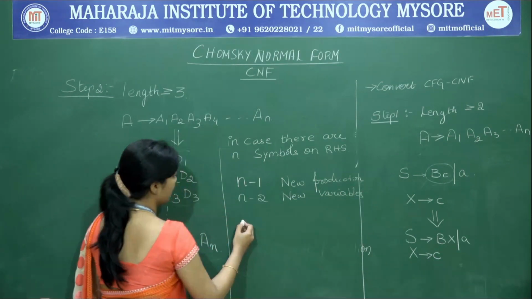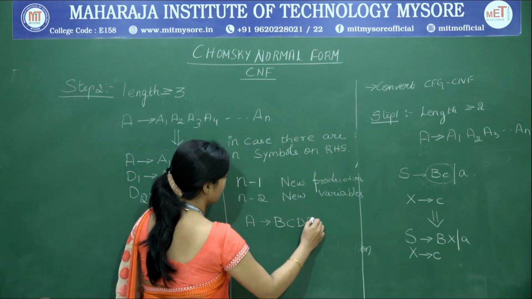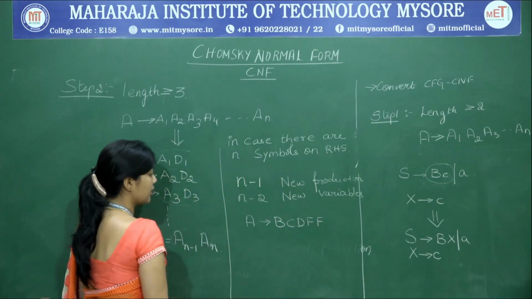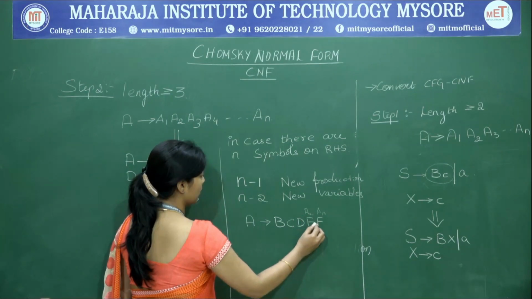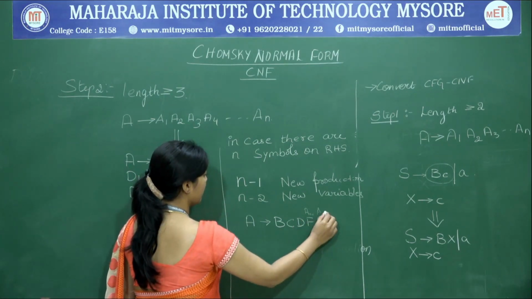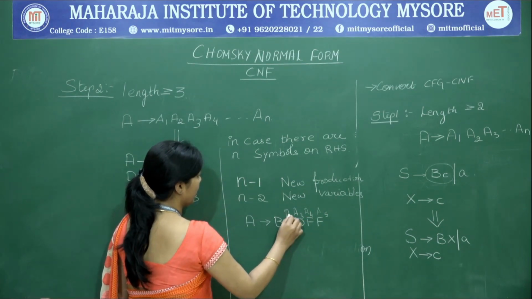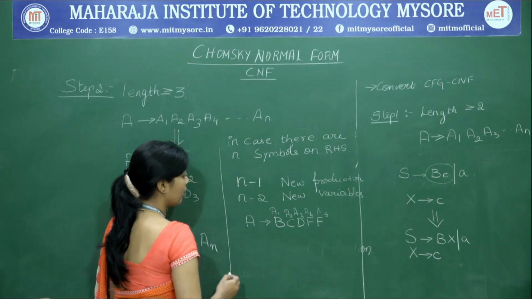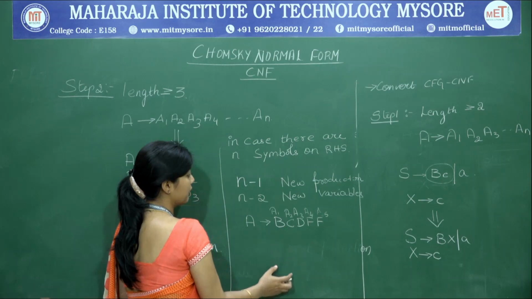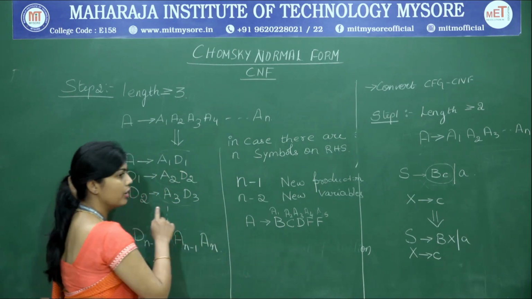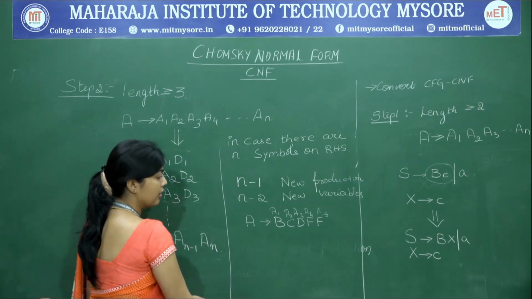As an example, we will take A goes to B, C, D, E and F. So, this is considered as A to the power of n, this is A to the power of n minus 1. So, this will become A5, A4, A3, A2 and A1. Now, this is not allowed in the CNF form, so we are looking to having only 2 symbols on the RHS. We are going to use this generalized formula that we have produced in order to decompose this.